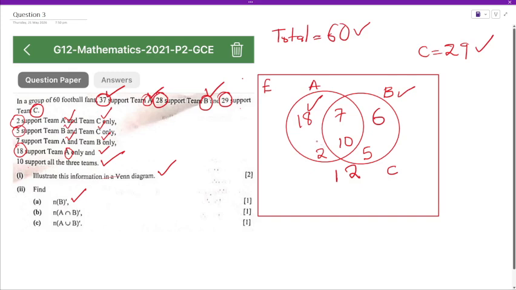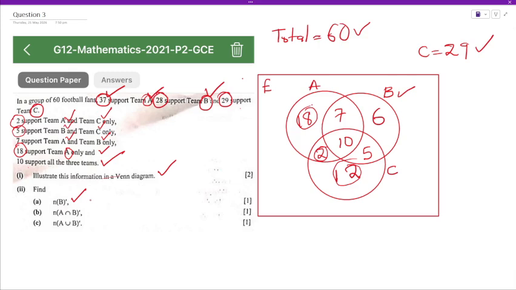So let's go ahead and add. Relax. So I'm just going to add 18 plus 2 plus 12, all the values outside set B. So the number of elements in B complement is going to be equal to 18, not 8, but 18 plus 2 plus 12.